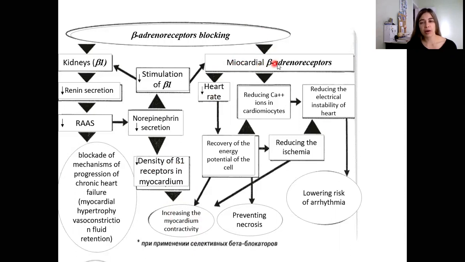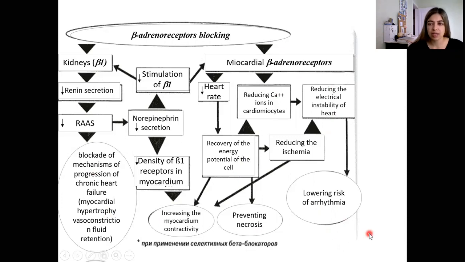The direct effect of beta adrenoreceptor blocking in the myocardium will reduce the heart rate and reduce the risks of arrhythmia. And it will also recover the energy potential of the cell and reduce the ischemia. Finally, we have the prevention of necrosis of the myocardium by the help of all these different methods.